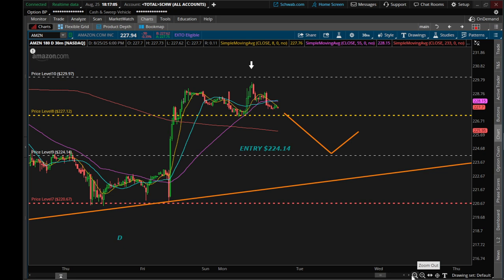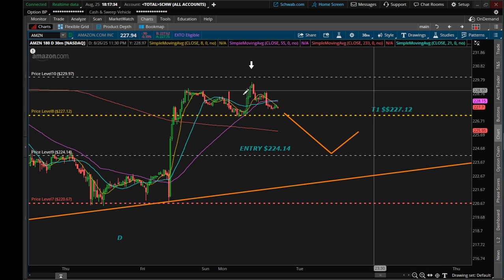Target 2 is going to be at 229. Looks like 229 even. Let's do 228.90.